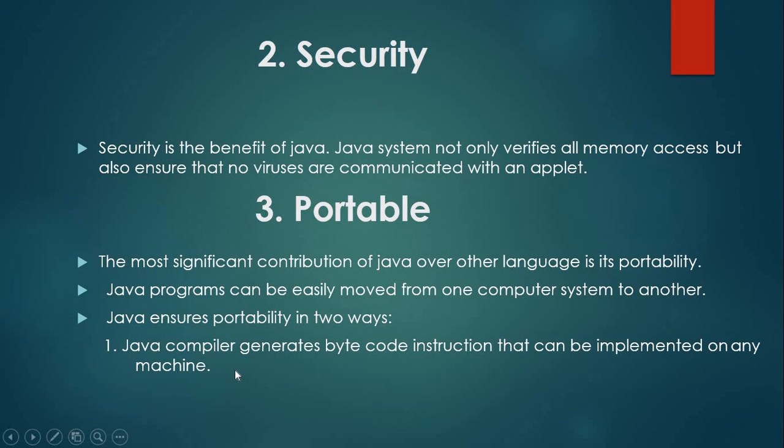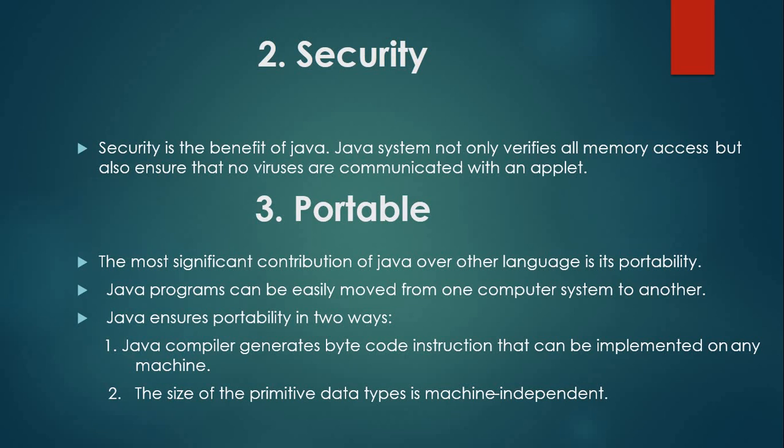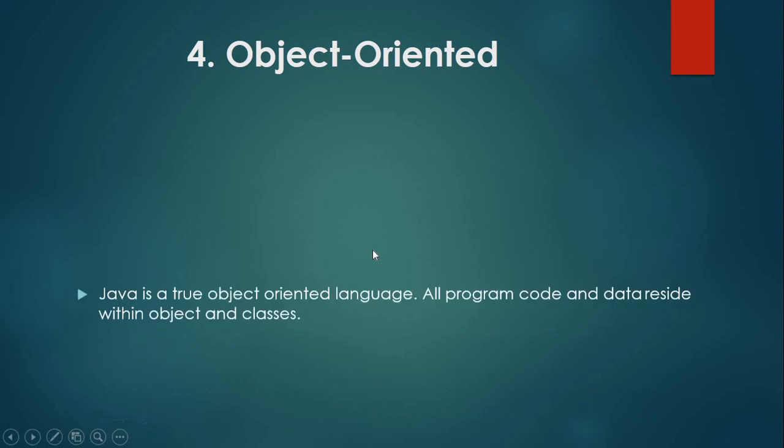So we can generate our bytecode on any machine. And the second is that the size of primitive data types is machine independent. So whether we define our integer on a Linux system or on a Windows system, the size of the primitive data type will be machine independent. That's why Java is portable.